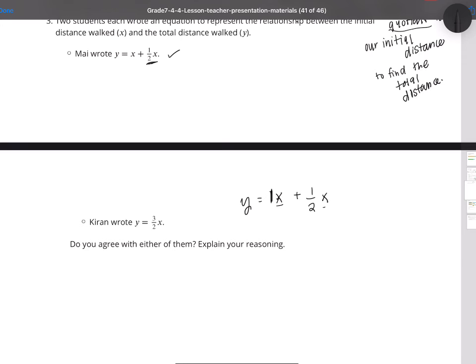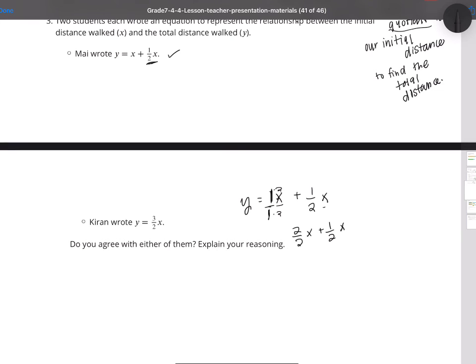Now they have a fraction, so what we need to do is add a 1 underneath it. When we add a 1 underneath it, we need to make sure that the fractions have the same denominators, which would be multiplying by 2. I multiply 2 at the top and the bottom, because remember, fractions are ratios. Whatever you do to one side, you have to do to the other. So it's going to be 2/2 x plus 1/2 x.